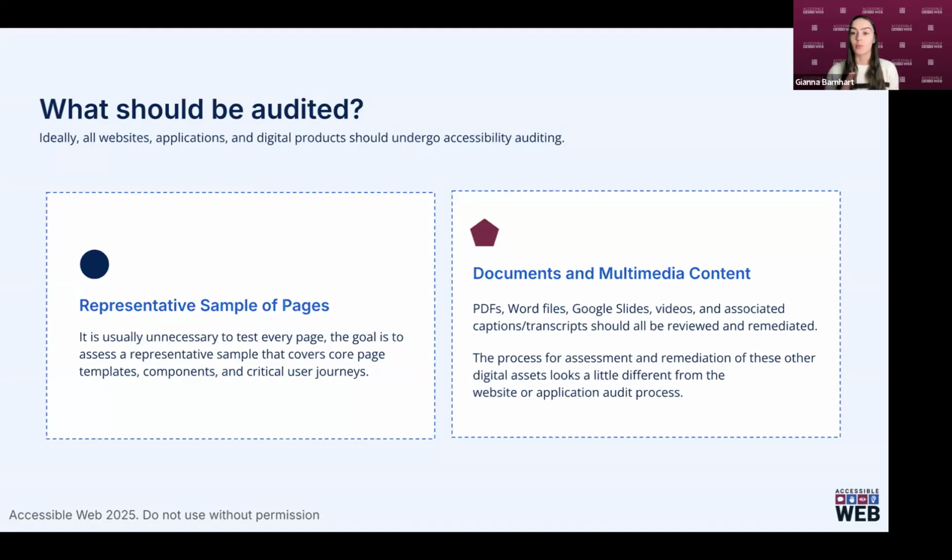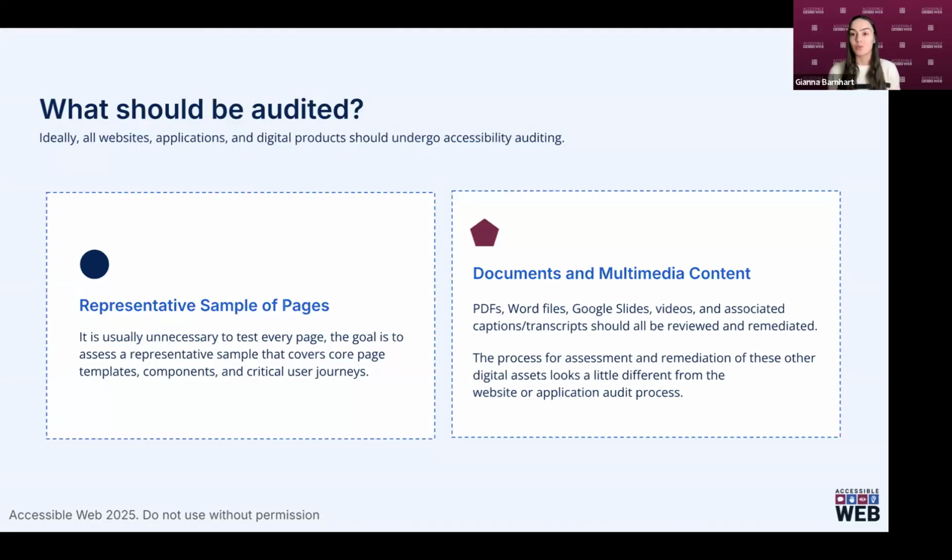That can look like core page templates if there's templating. It could be components if your website is built via component library, and critical user journeys. You essentially want to go through the website or application, identify a representative sample for the scope of the audit, that covers all the unique functions and components that users could run into, in the most efficient way possible.